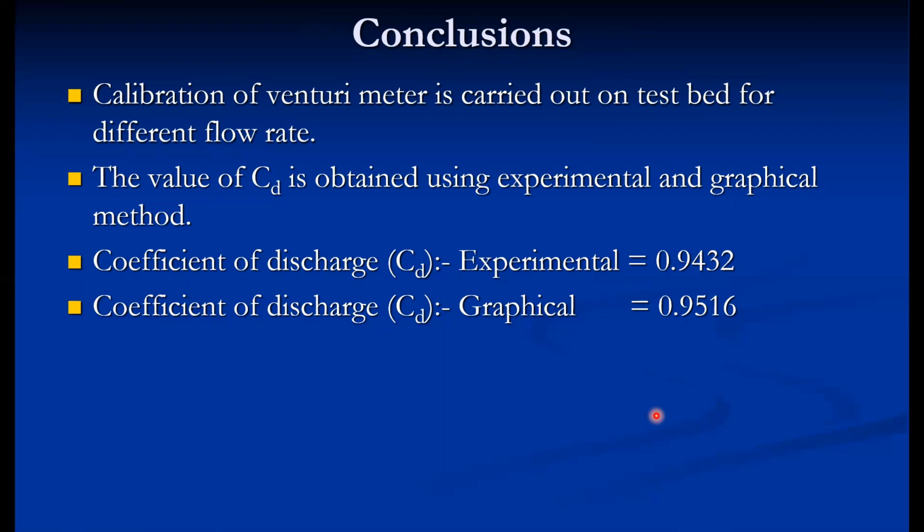The customer generally gets all the specifications, like inlet diameter, outlet diameter, angle of convergence, angle of divergence, along with the CD value. So directly we can fit that venturimeter and calculate the actual discharge by multiplying CD with that expression. That is the practical relevance of this experiment.